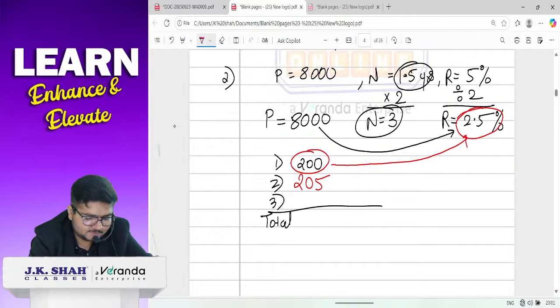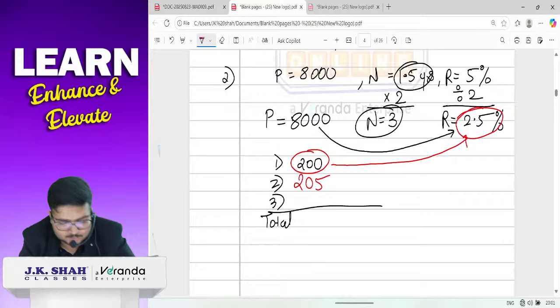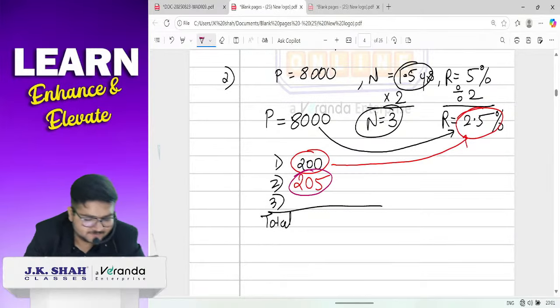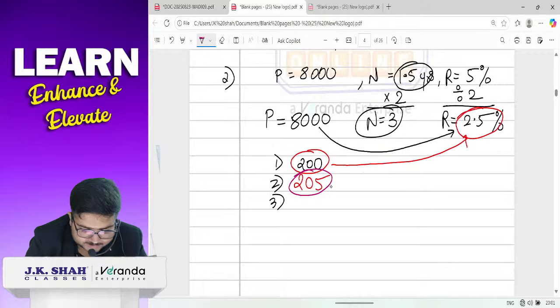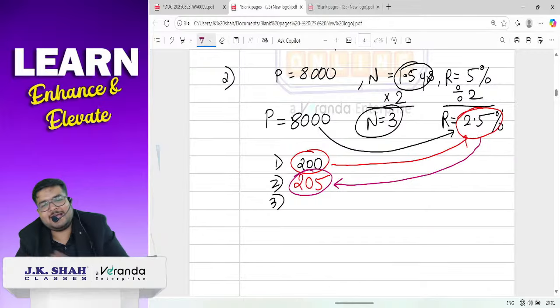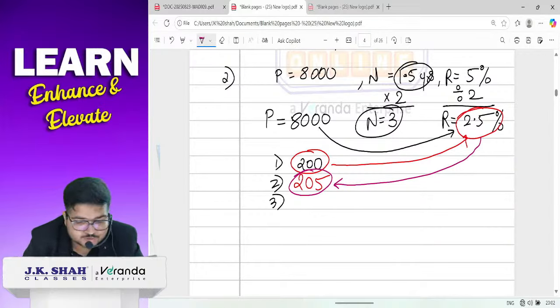Now I will calculate third year ka interest. Who will help me to calculate third year ka interest? 205. Now, how to calculate third year ka interest? We have to calculate 2.5% of 205 and add that to 205. How will we calculate 2.5% of 205? 10%, half and half. 10% of 205 is 20.5.